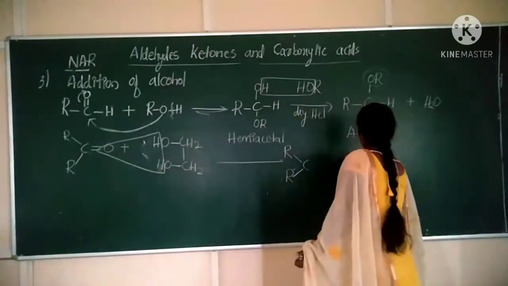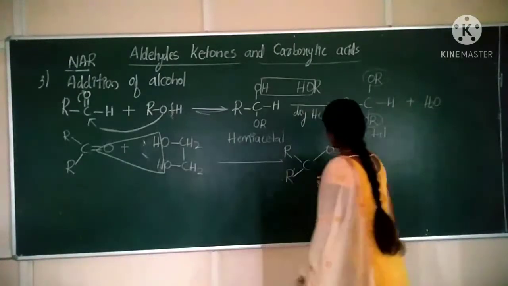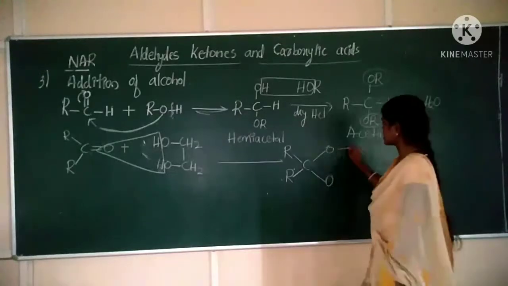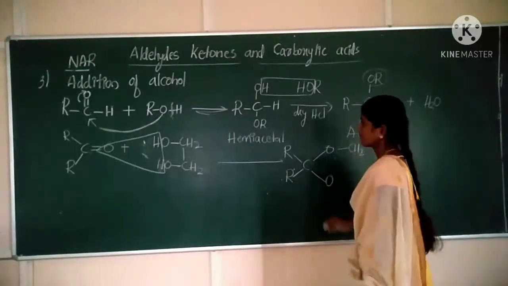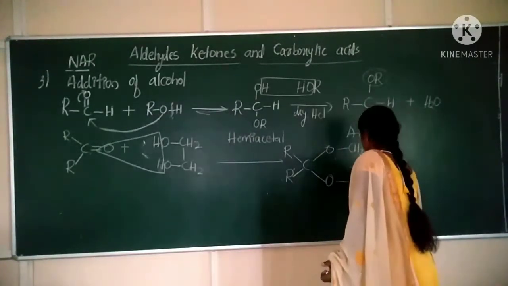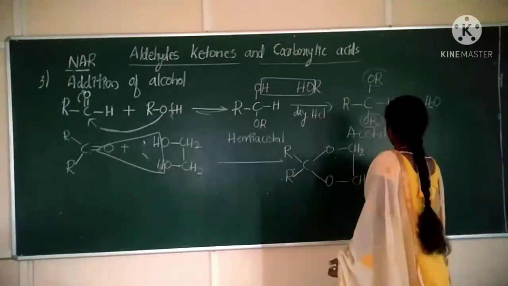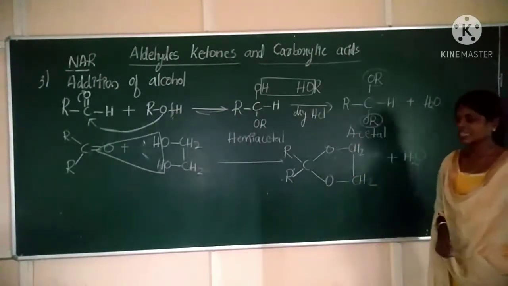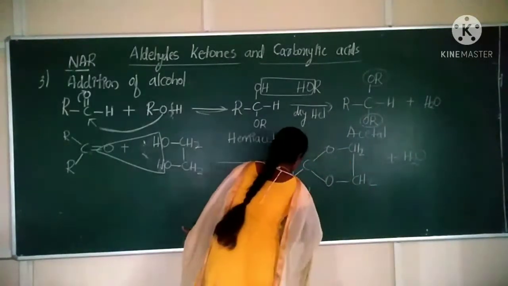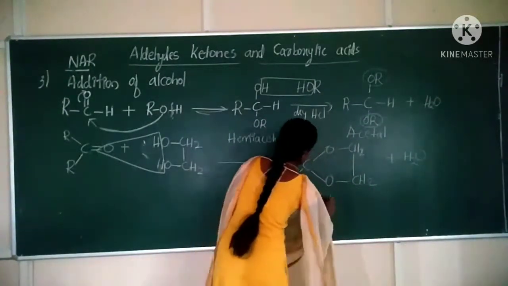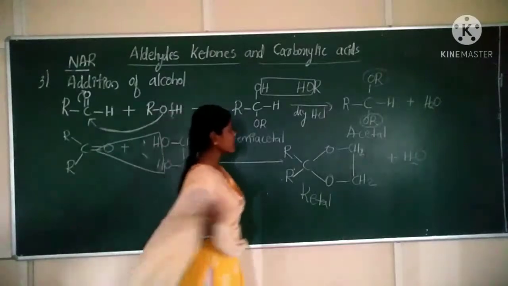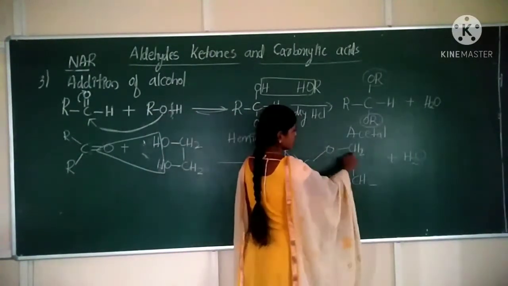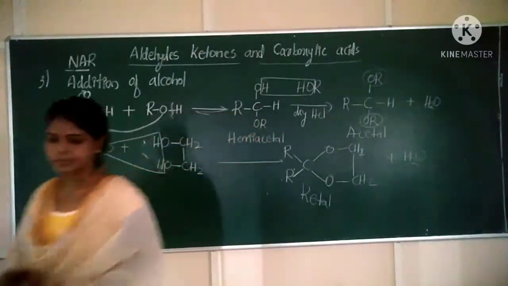Write it as O, here also O, and CH2 CH2. Clear? Now this compound is said to be what? Ketal. Here again an alkoxy group is there, oxygen and hydrogen. Clear?